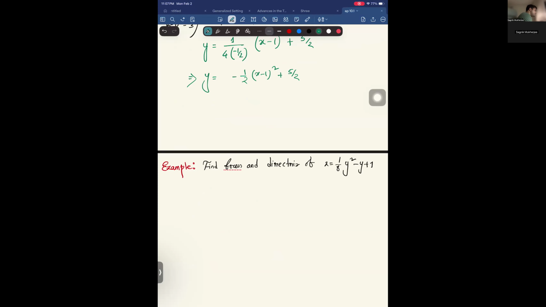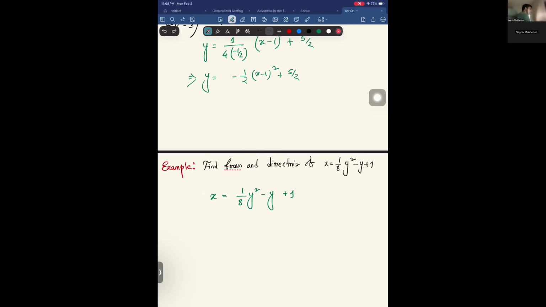So in this case, the equation is x equals 1 over 8 y squared minus y plus 1, right? So the quadratic expression is in y, right?